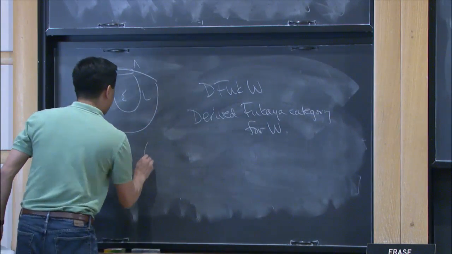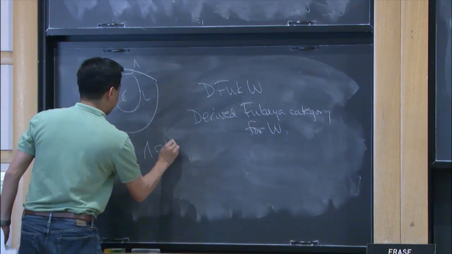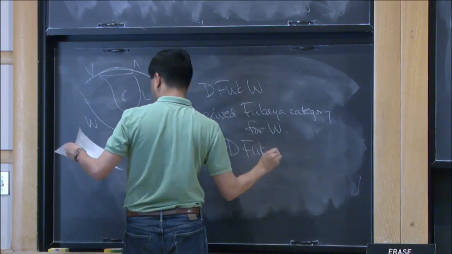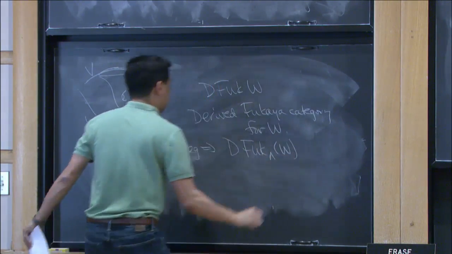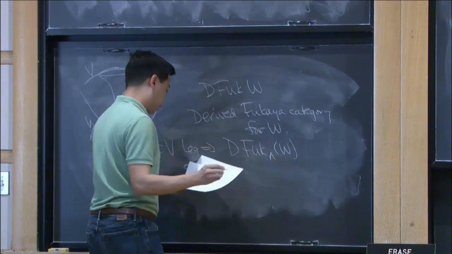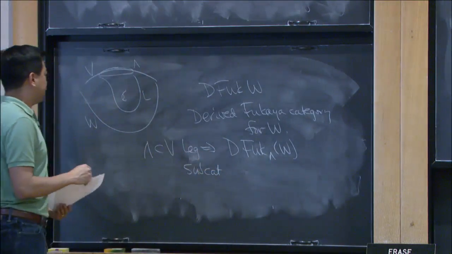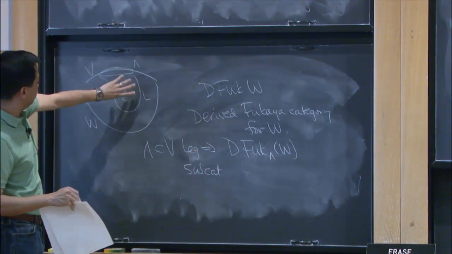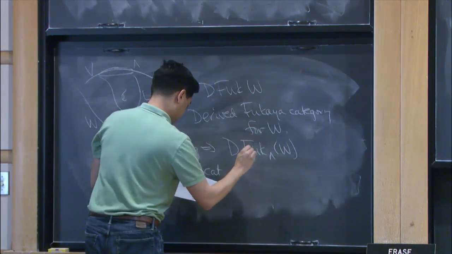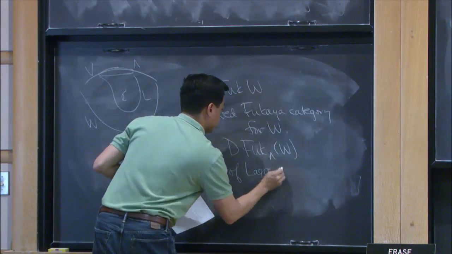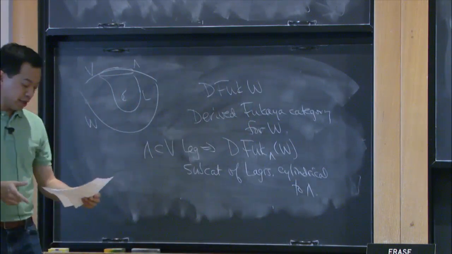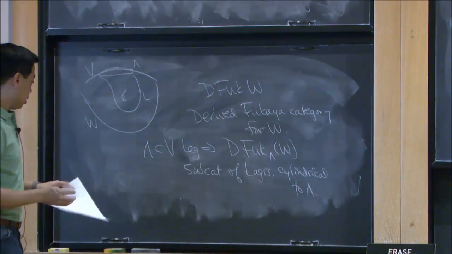And if you have a Legendrian lambda inside of V, then we get some full subcategory in here that I'll write as d Fuk lambda of W. This is a subcategory that's generated by, well, the way to say it is that you just look at Lagrangians that are cylindrical to lambda at the end. So they're asymptotic to lambda at the ends.